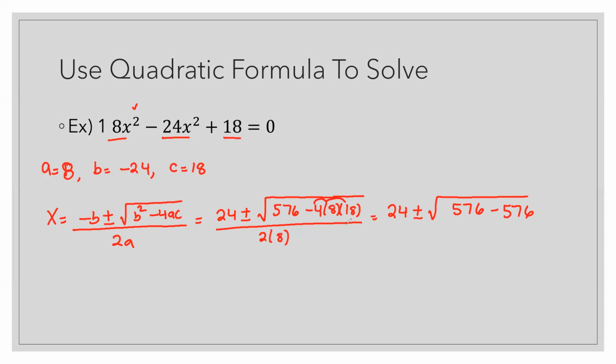Negative 4 times 8 times 18, yes. And on the bottom, it's 16. You have 24 plus or minus 0, because 576 minus 576 is 0, all over 16. So if we simplify, the square root of 0 is 0, all over 16.